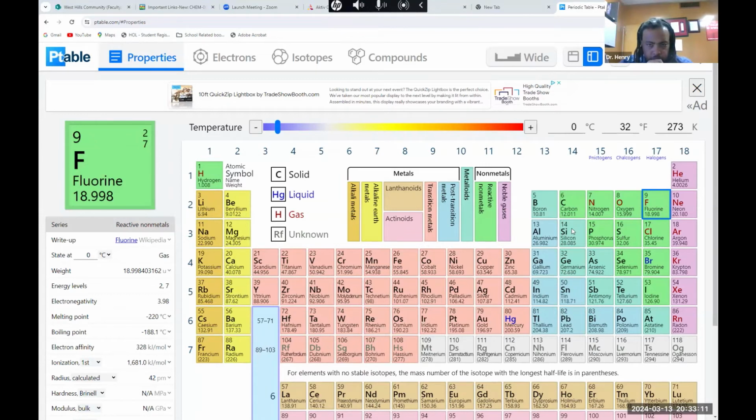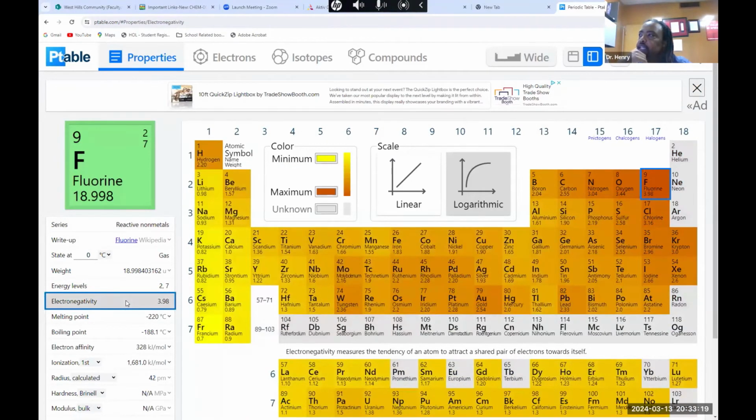The farther we go out, the weaker the pull. Your periodic table will show you the scale of electronegativity. The scale goes up to 4. Fluorine is 3.98, or approximately 4, which is the strongest electronegativity.